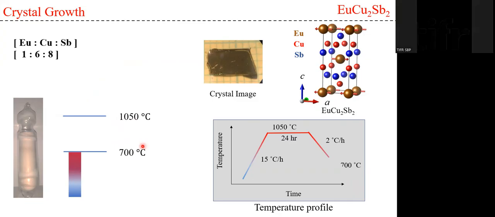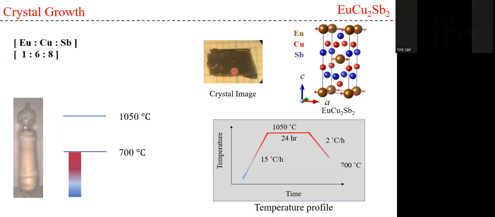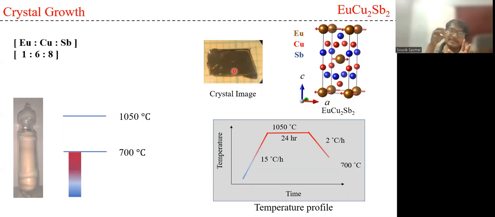Why so slow? Slow cooling is important because we are allowing the material to grow inside a flux. Let me give one easy example, a copper sulfate crystal. We take copper sulfate powder and try to dissolve it in water. As we raise the temperature of this solution, we can dissolve more and more copper sulfate in the water.